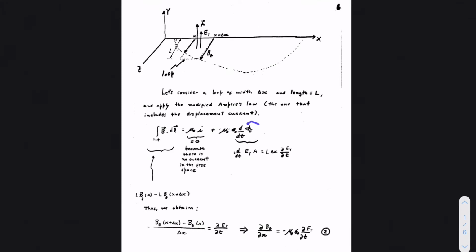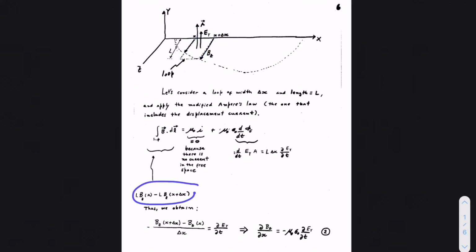Now we can write this electric flux to be equal to area times the y component of the electric field. And we can also set this term equal to 0 as there is no current in free space. The line integral around this loop for the magnetic field can be written as the height of the loop L times Bz at point x minus the height of the loop L times Bz at point x plus delta x.